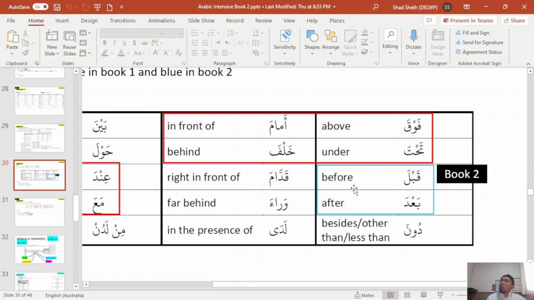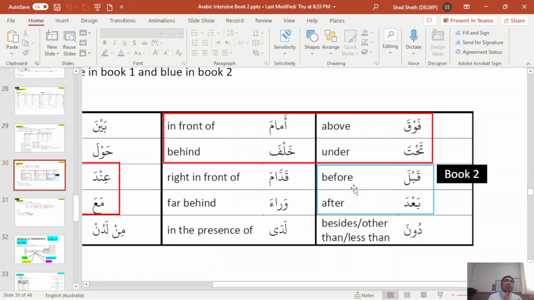So before can be place, can be time as well. It can be place, like before me. That's kind of place, like I'm before you, as an example. I think that's what she used to mention as an example when we went through book two. After: you are after me. It's kind of place, kind of time as well in a way.